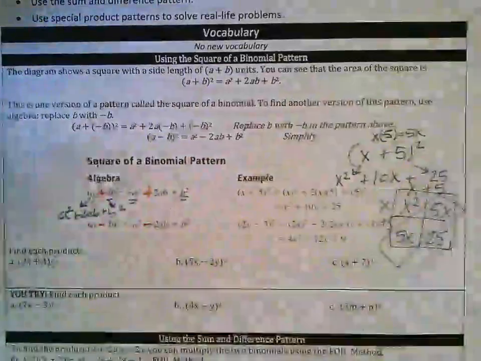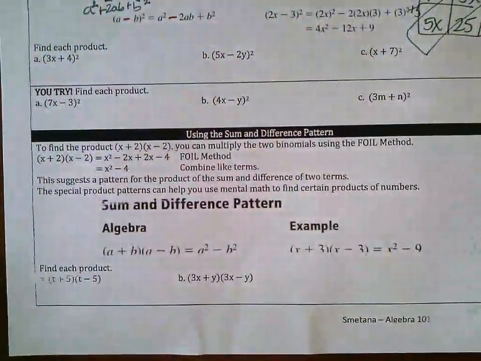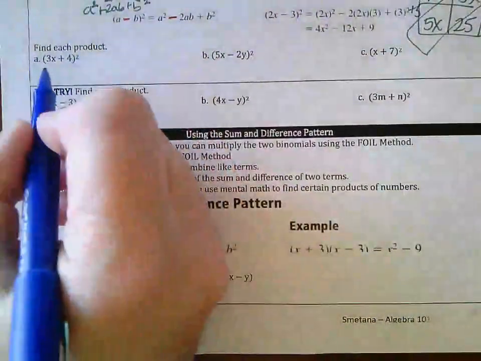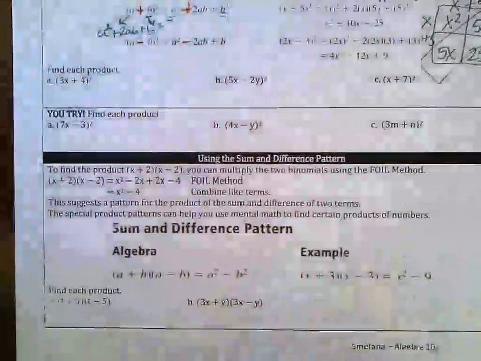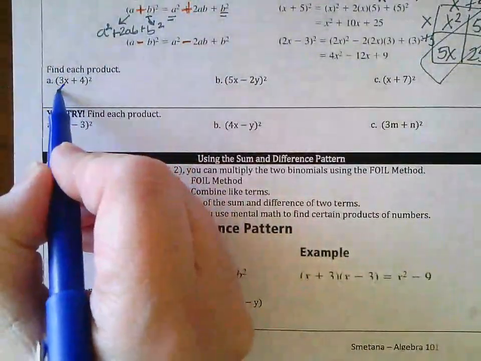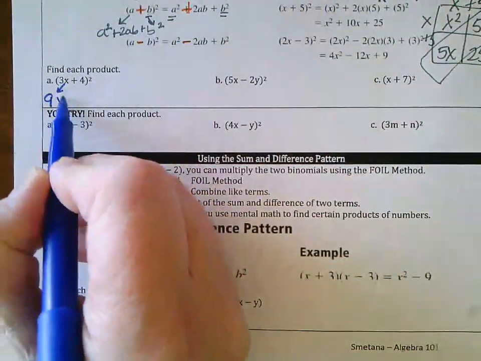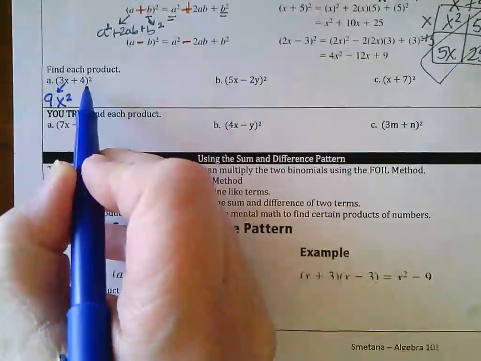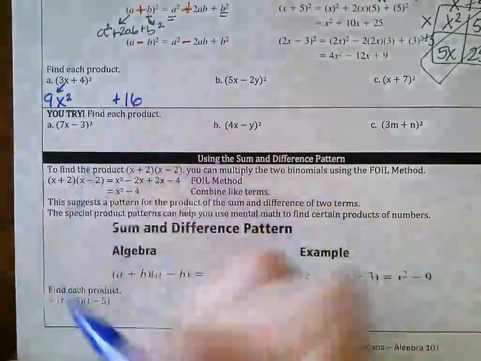We have the first term right here, so we're just going to square it. Oops, sorry, you can't see that. So that's 3x times 3x, which is 9x squared, and 4 times 4, which is 16. Notice I'm leaving a space here.